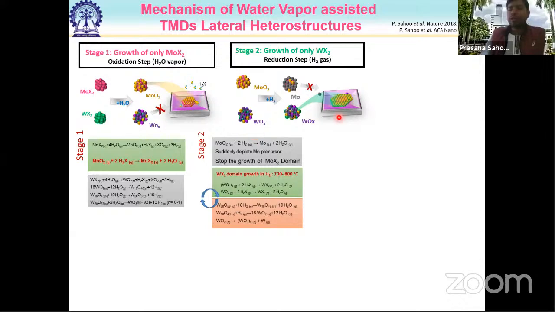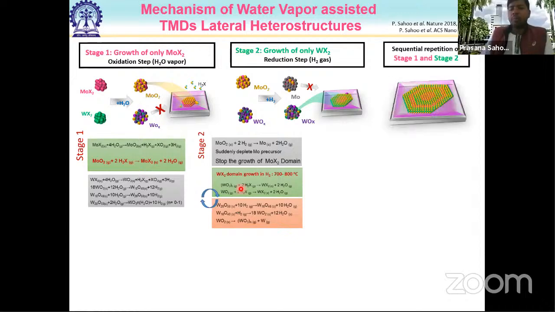That contributes to the growth on the pre-existing domain and makes another round of structure, like a PN heterostructure: one material, then you grow another material. In this process, you can see in the chemical reactions that the MoO2 depletes quickly, but the WX2 part has a continuous reduction at the same time, and can contribute to the growth as well.